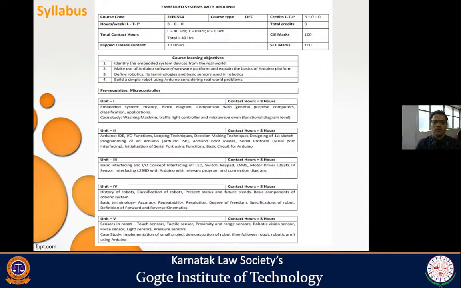Next, we start with the real Arduino. We first learn the architecture of Arduino, overall functional block diagrams, and different ports. Once we are well versed with the hardware, we should be able to start with the programming part.